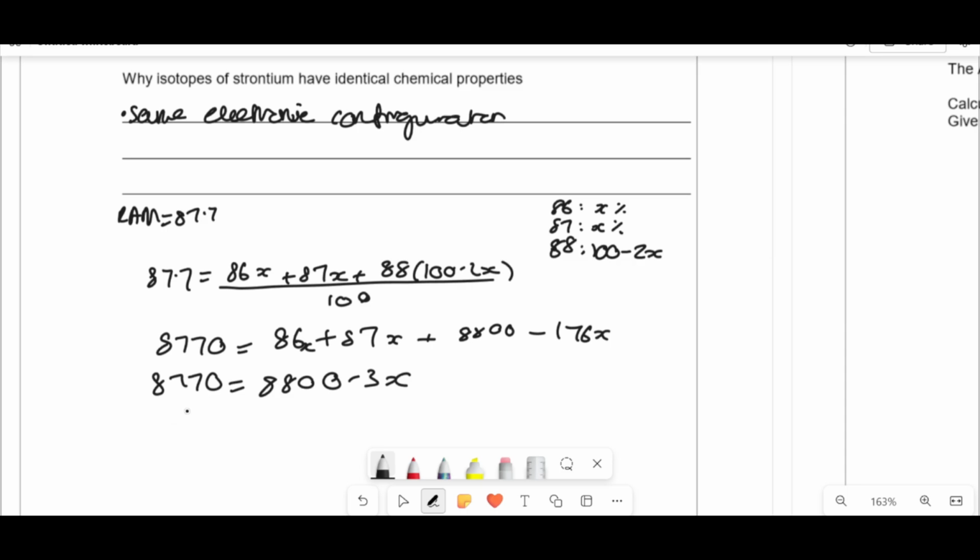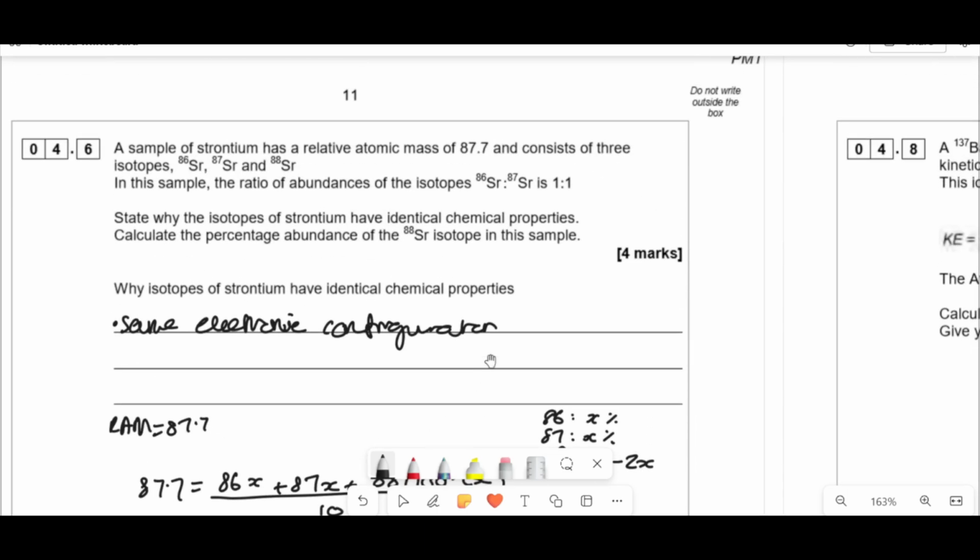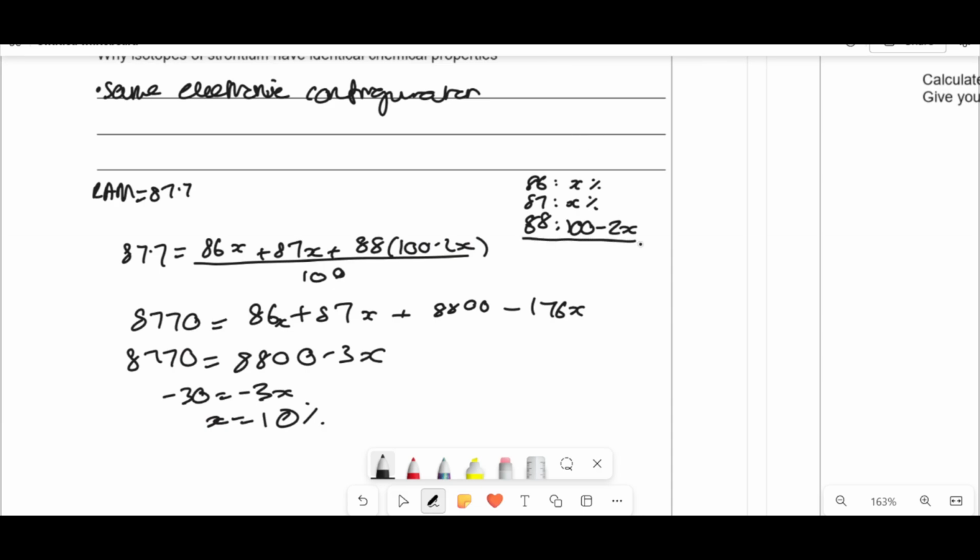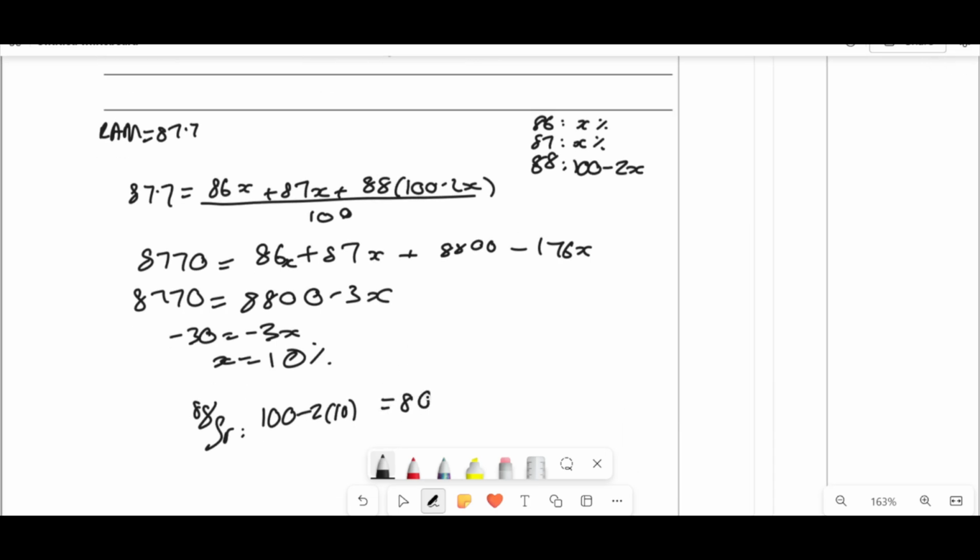So then 8770 minus 8800 is minus 30, equals minus 3x. So x equals 10, right? But that's only the percentage of it, because the question wants you to find the 88Sr isotope, which we said was 100 minus 2x. So we're not just done yet. That means the 88 one's abundance is going to be 100 minus 2 lots of 10, which is 80%.